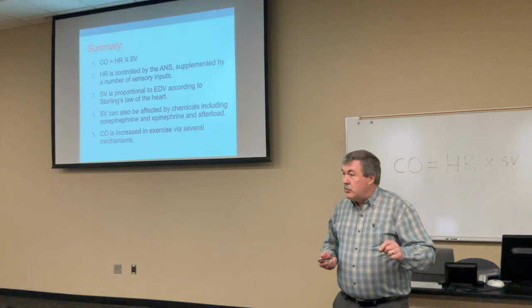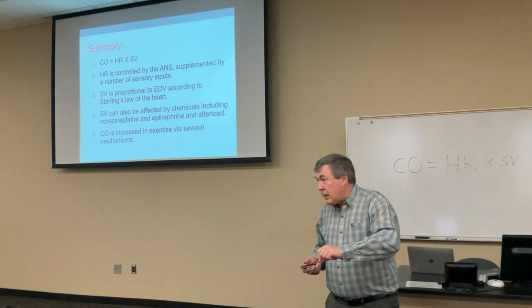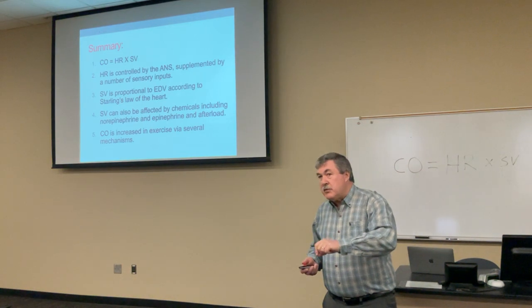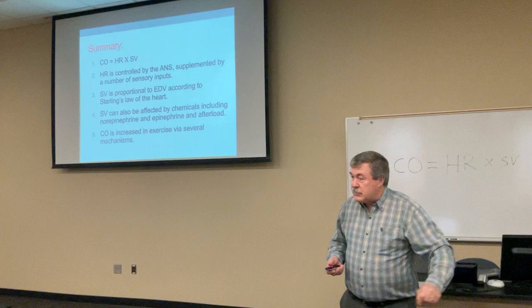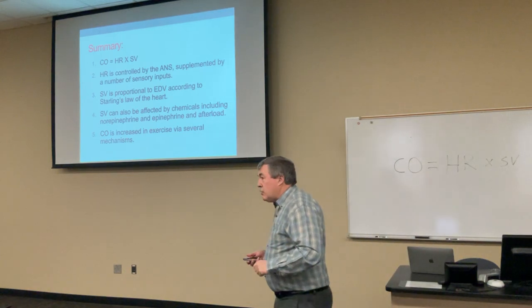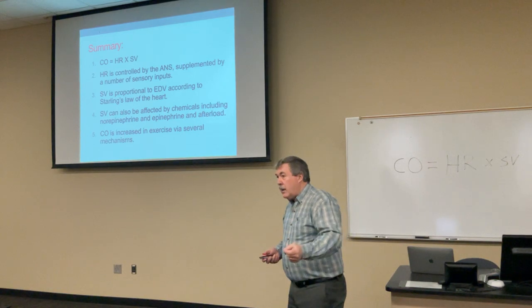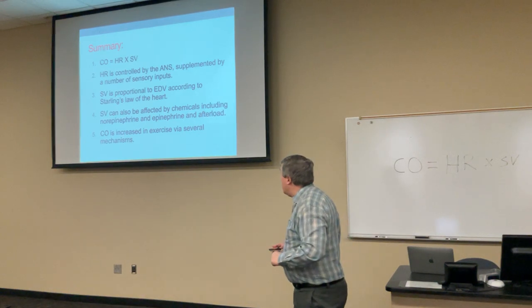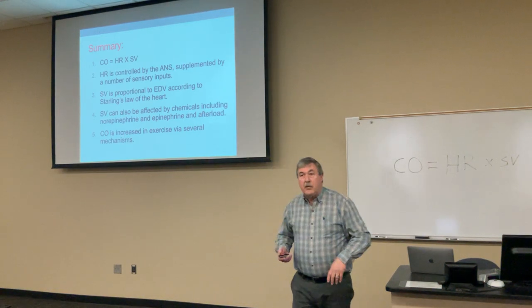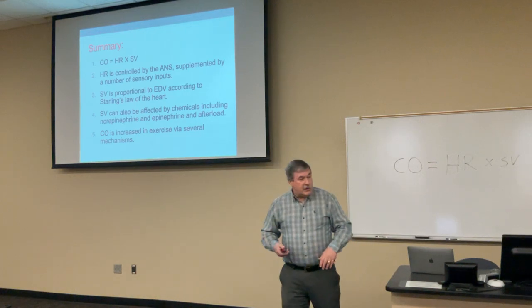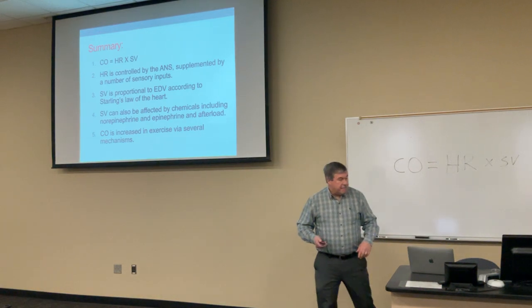And CO2 stimulates the chemoreceptors. Chemoreceptors in turn have inputs to the cardiac center, which increases sympathetic stimulation, which increases heart rate and stroke volume. So that's another mechanism by which exercise increases cardiac output.